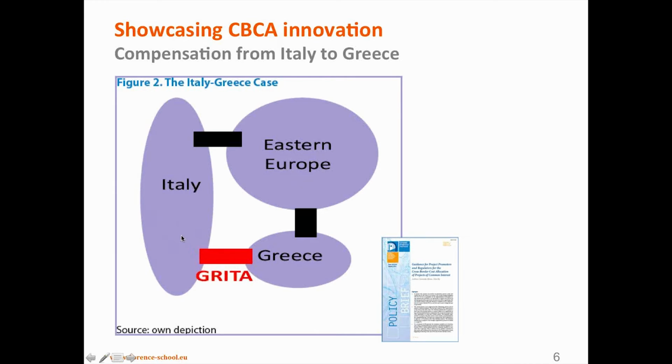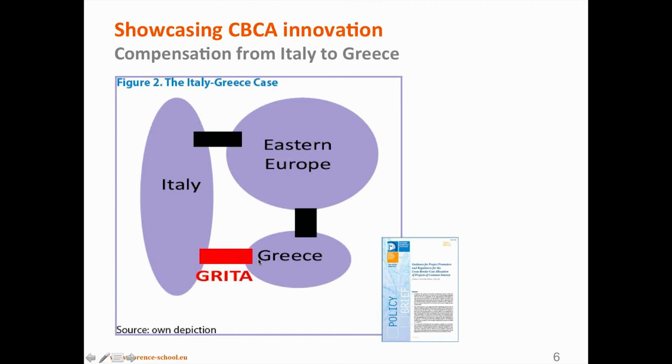So you could say that this project was more important and Italy wanted to push it ahead, while for Greece maybe they had other projects that had more benefits for them. So they ended up with a negotiation that resulted in Italy paying 75% of the project and Greece only 25%.